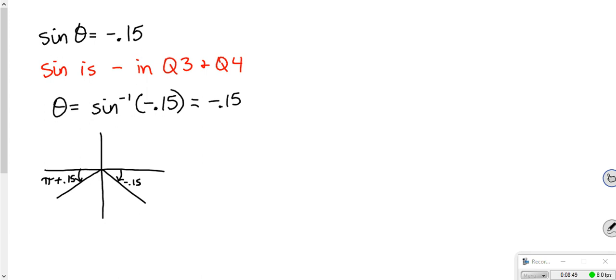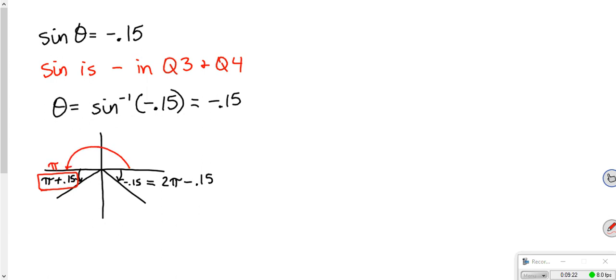Now this negative 0.15 is there in the fourth quadrant. That is actually 2 pi minus 0.15. Okay, does that make sense? So again, third quadrant, we actually get pi plus 0.15 because again, remember, pi is 180. From here to here is pi.